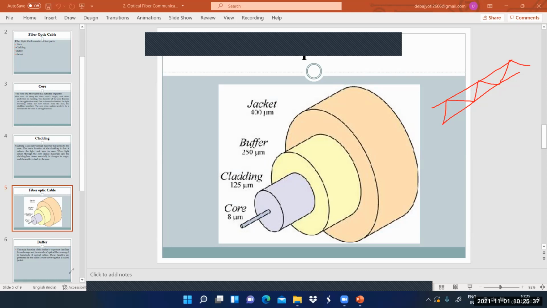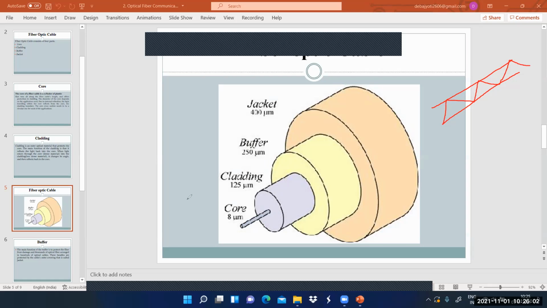Okay, so the next part is the cladding. Cladding is the outer optical material that protects the core. Just a few seconds ago I said that with the help of cladding we are protecting the core. So the outer part of the core is the cladding.